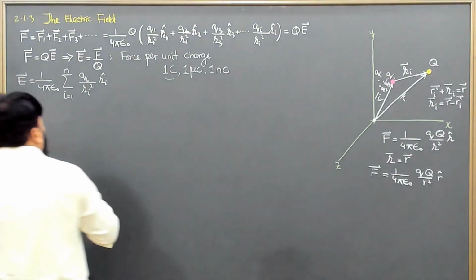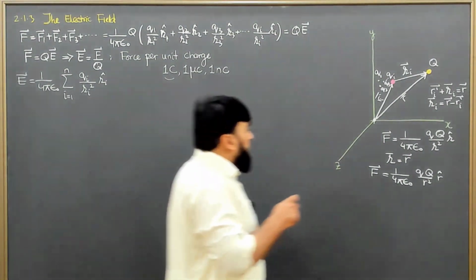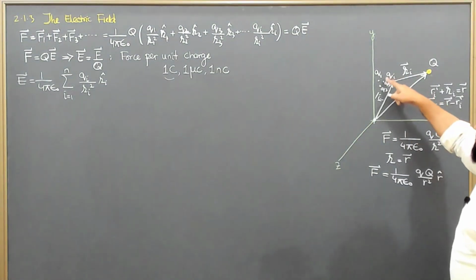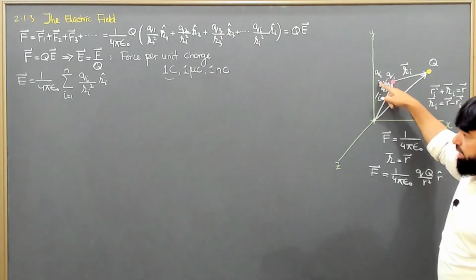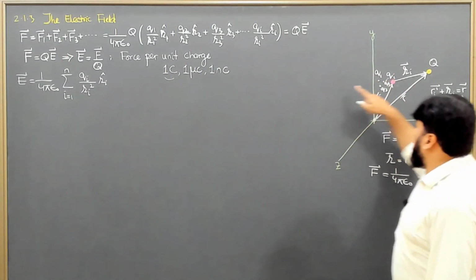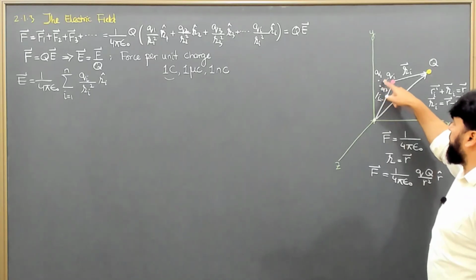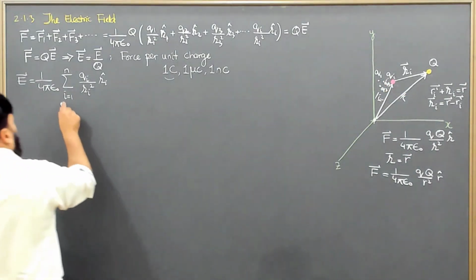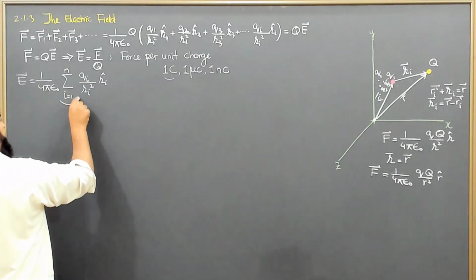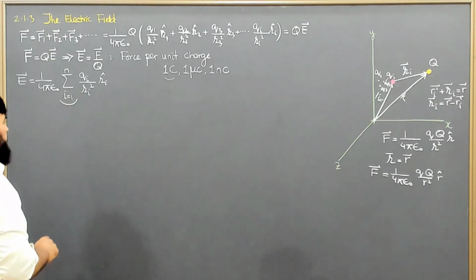Similarly, when these charges are countable, like I can say 1, 2, 3, 4 and 5, then we will use the summation. They are discrete in nature and we will use the summation symbol.